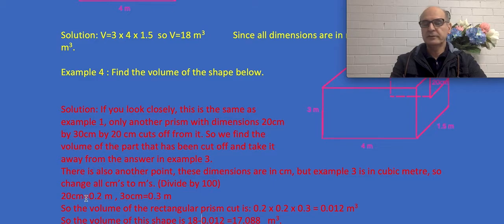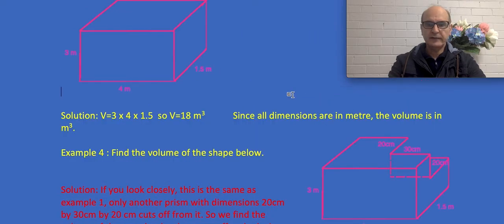So 20 centimeters divided by 100 is 0.2 meters, and 30 centimeters divided by 100 is 0.3. Now they are all in meters, so times all of them together, 0.2 times 0.2 times 0.3. That gives you the volume of the rectangular prism which has been cut off, and the answer will be in cubic meters.